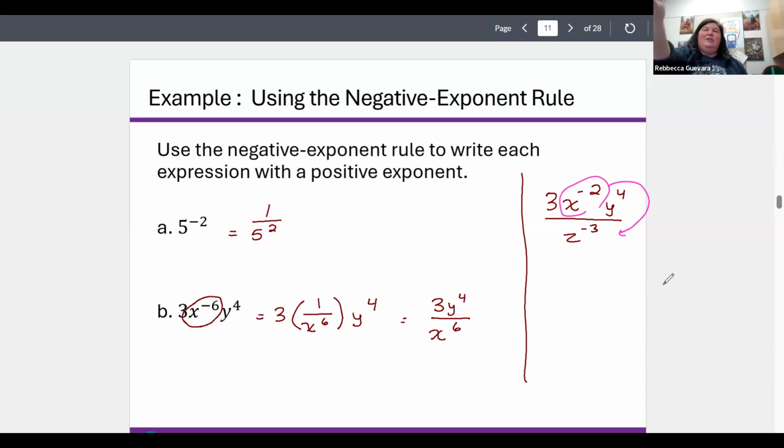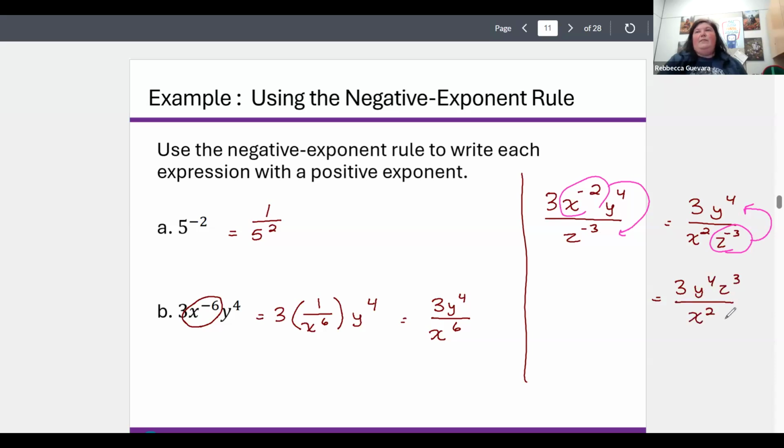So if it's in the numerator, it moves into the denominator. If it's already in the denominator and it's a negative exponent, then we move it to the numerator to turn it into a positive exponent. So thinking about it this way will help move these around a little bit.